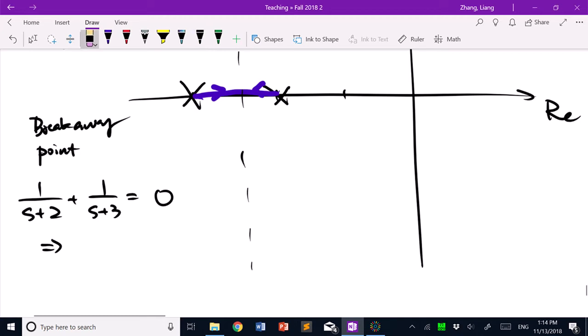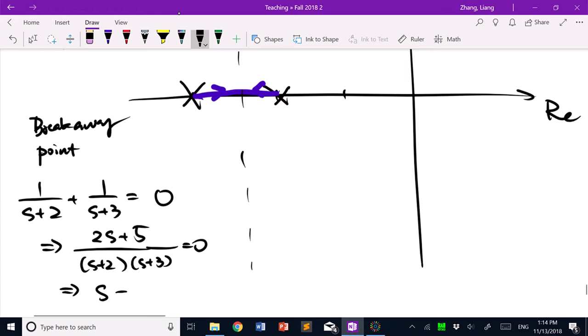Let me complete this. This will be s plus 2, s plus 3, and on top I have 2s plus 5 equal to 0, or s equal to 2.5. Sorry, negative 2.5. And this negative 2.5 is exactly your breakaway point.